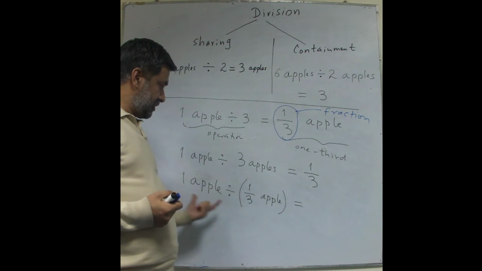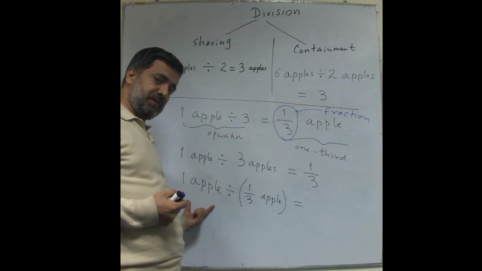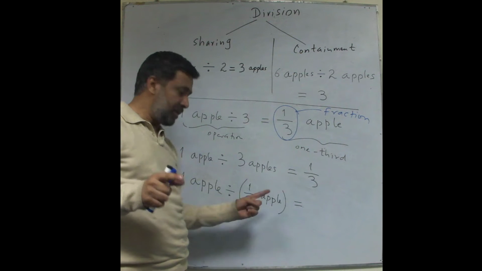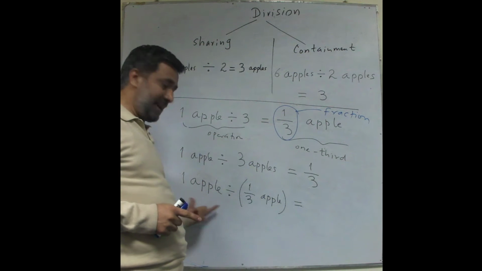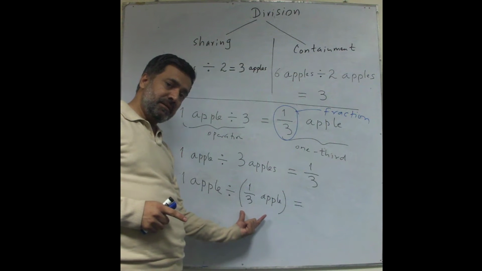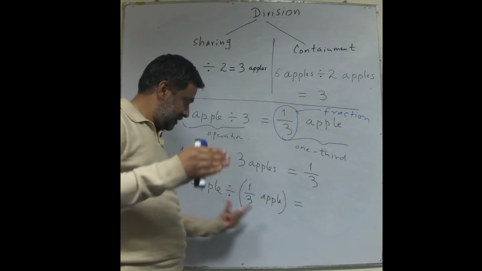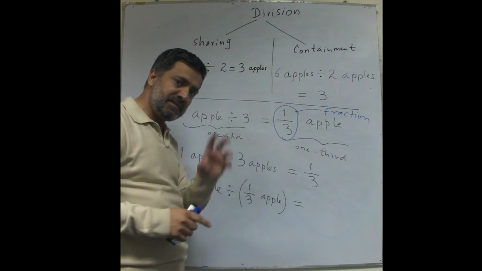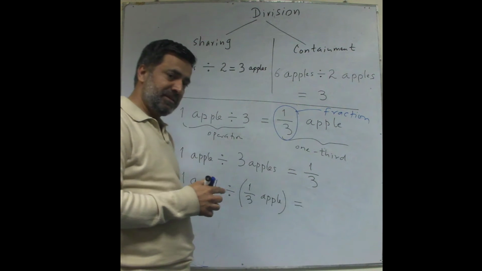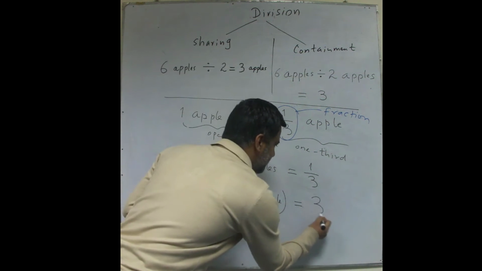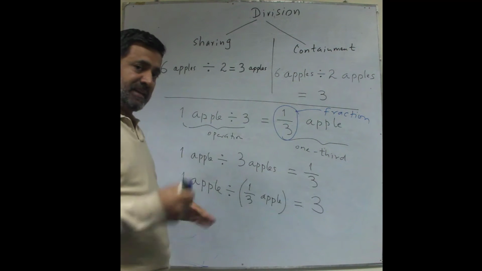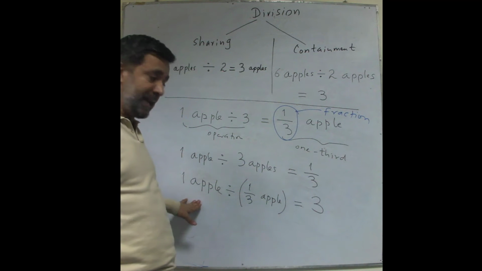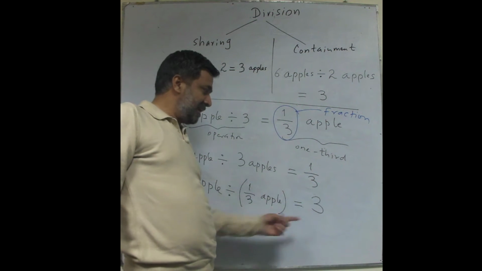You want to know, this is a group of apple, it's one apple, and this is a third of an apple. You want to know how many times this apple has a third of an apple. And you can see that this apple can be cut into 3 parts. So the answer is actually 3. Read this again and say it out loud with me. An apple contains a third of an apple 3 times.